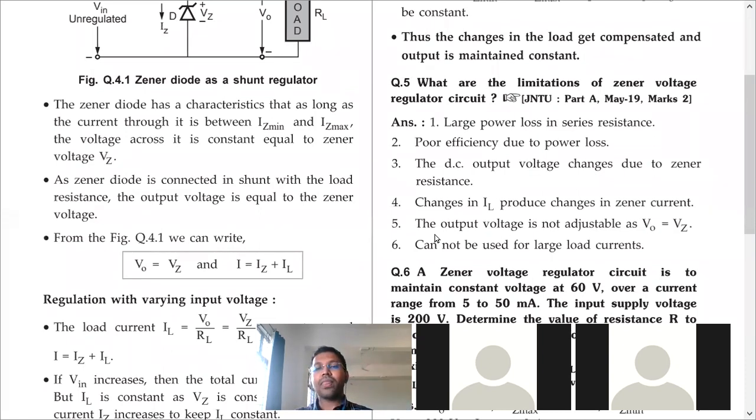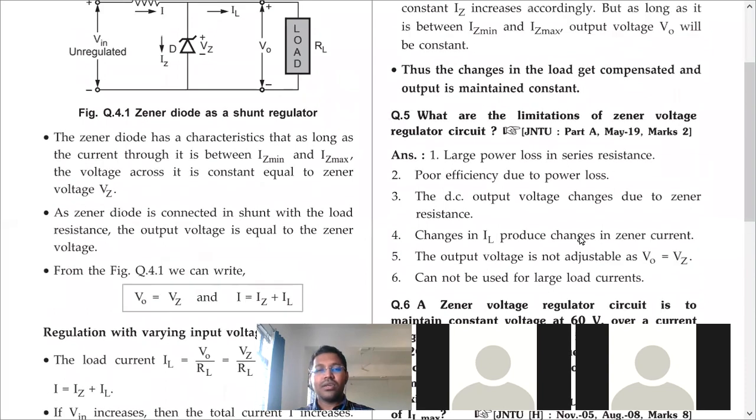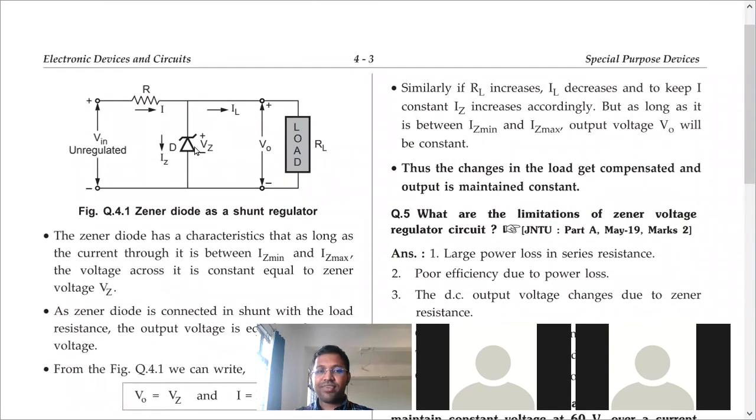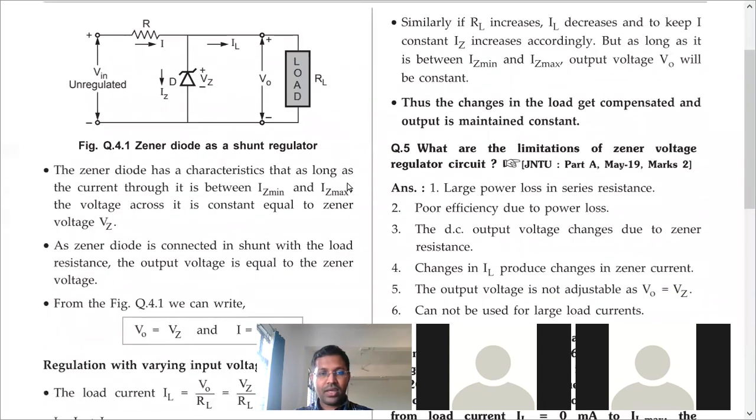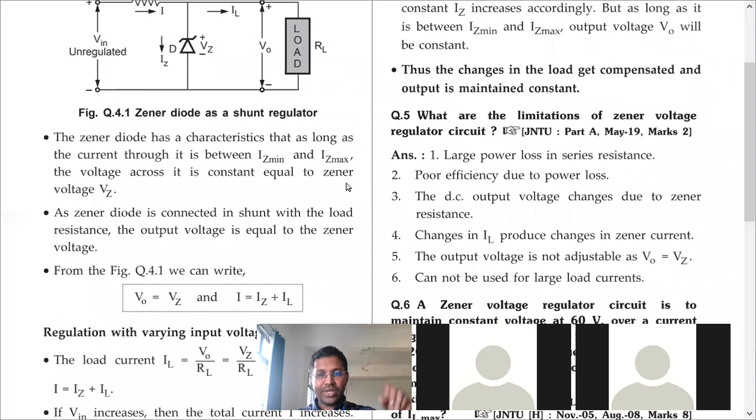The output voltage is not adjustable. Suppose you are connecting a Zener diode of 5.1 volt. The output is 5.1 volt. You cannot get 6.2 out of that. You cannot tune it. That facility is not available. Next point, it cannot be used for large load currents.